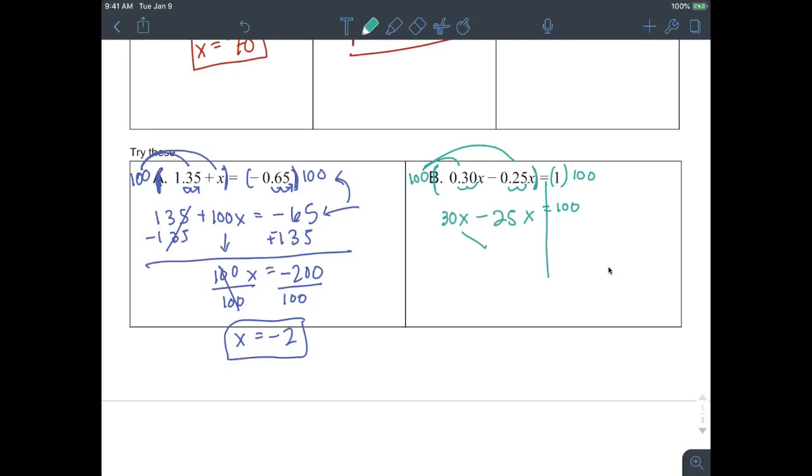Now I can combine my like terms, giving me 30x minus 25x is 5x. Since we're on the same side of the equal sign, you just perform the operation that's there. So it's minus, so I go ahead and just do 30 minus 25. Okay, and it equals 100, and then I divide by 5. 5 divided by 5 is 1, leaving me 1x is equal to 100 divided by 5 is 20.